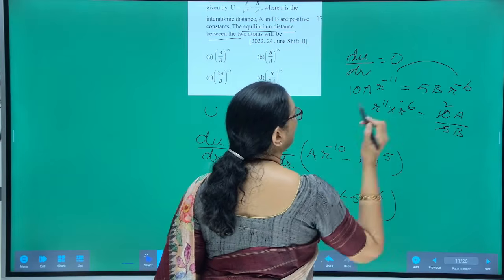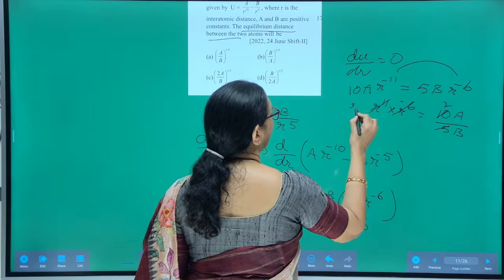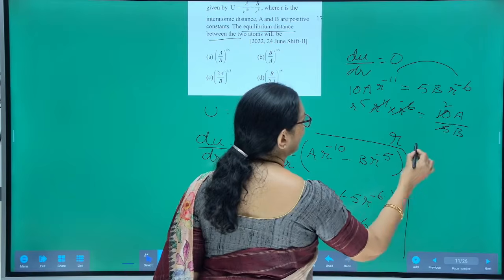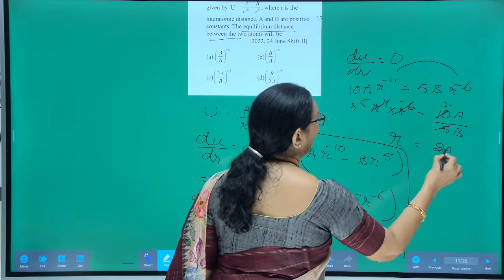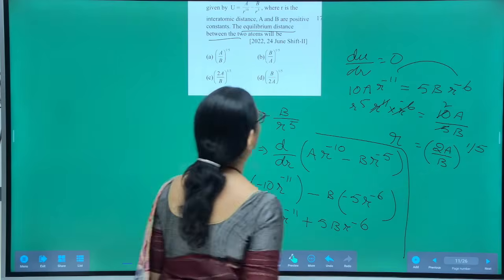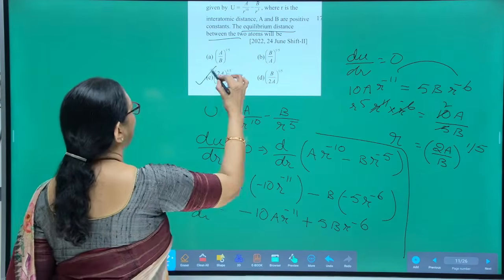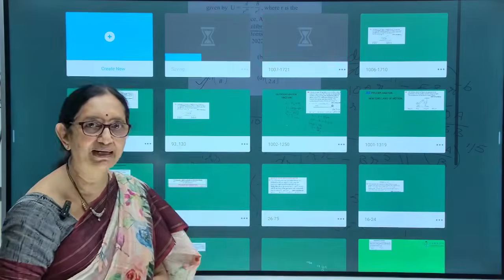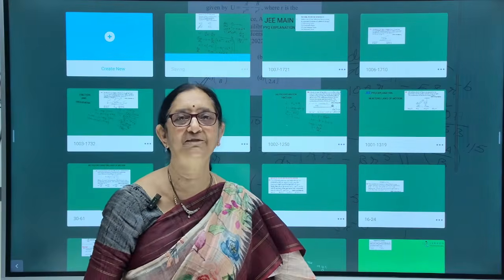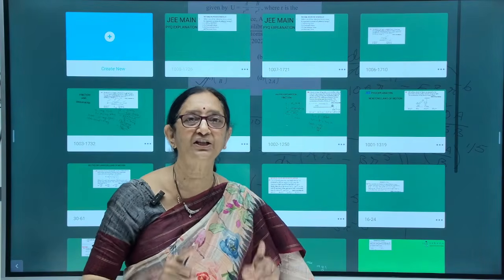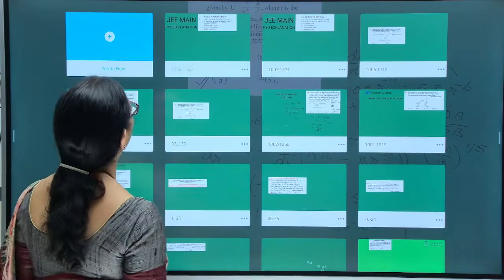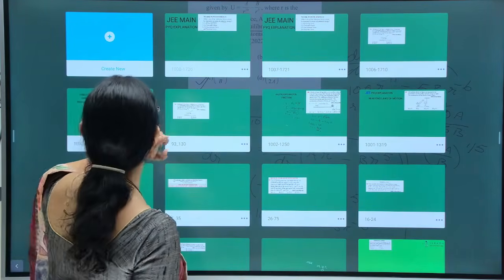So, it is 2a by b, that is r to the power of 5. So, here r is equal to (2a by b) to the power of 1 by 5. That is the equilibrium distance, so that the system is in equilibrium. So, what is the condition for equilibrium? That is, the potential energy of the system should be minimum. Okay. So, move on to the next problem.